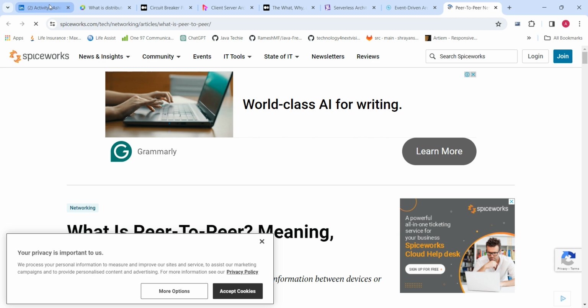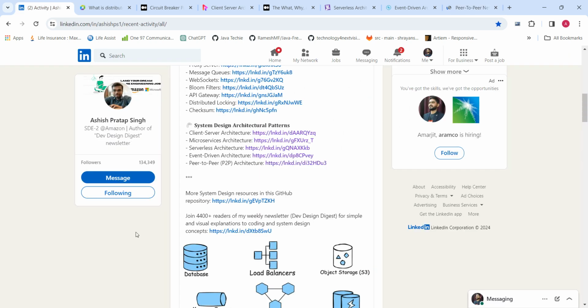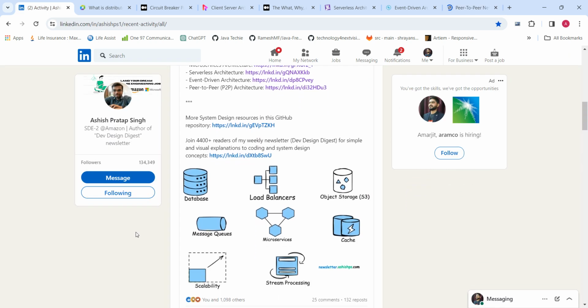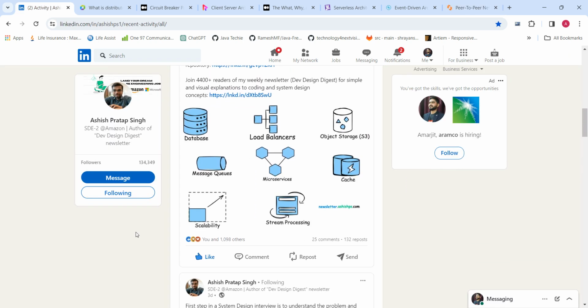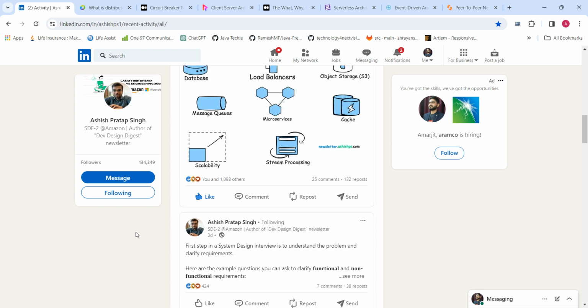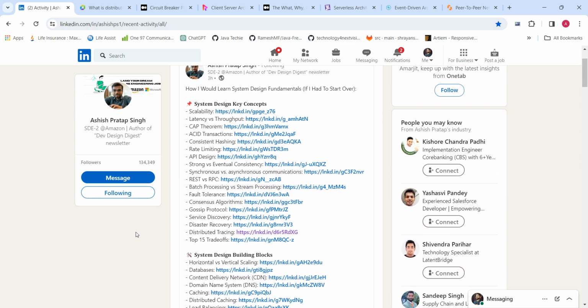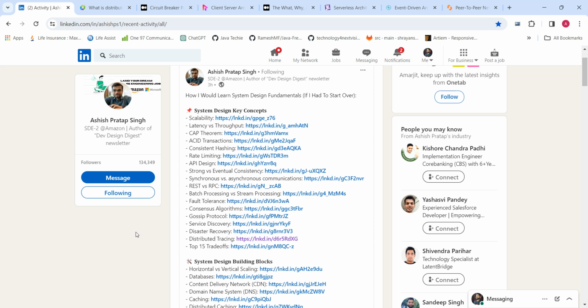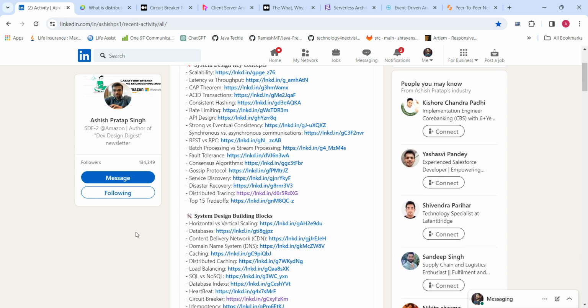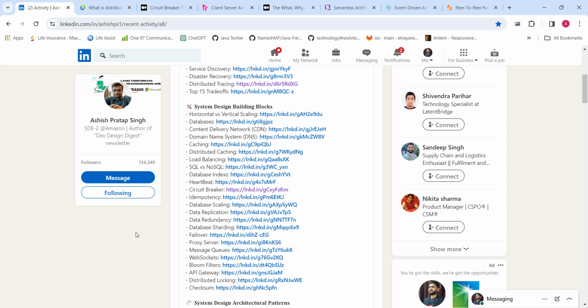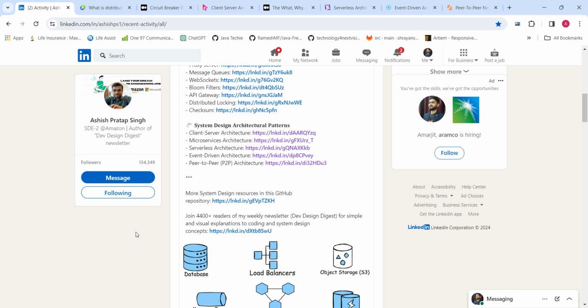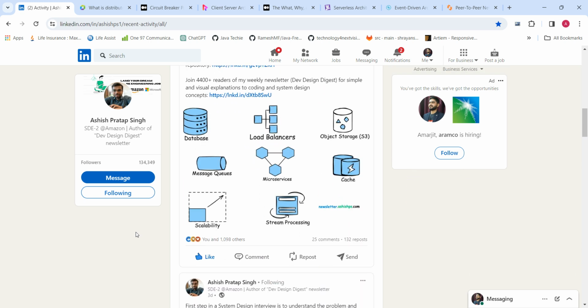So this is a very important document which I have seen on LinkedIn related to design. If you go through this, we have multiple core key concepts, multiple building block related topic links, and system design related patterns also mentioned there.